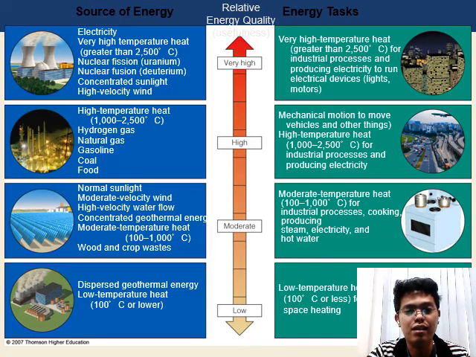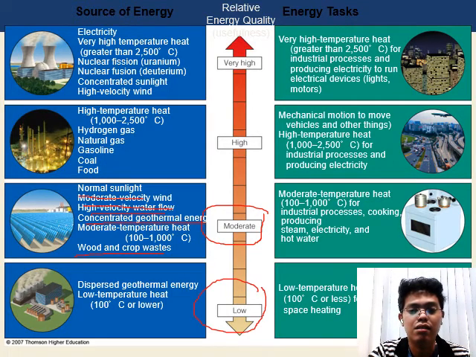Normal sunlight, moderate wind velocity, high velocity water flow, concentrated geothermal energy, wood and crop waste are moderate quality energy, and they are used for industrial processes as well, for cooking and producing steam, electricity, and hot water. The dispersed geothermal energy that is low temperature heat is very low quality energy. So it can only perform space heating.